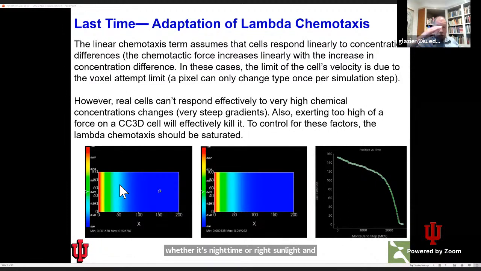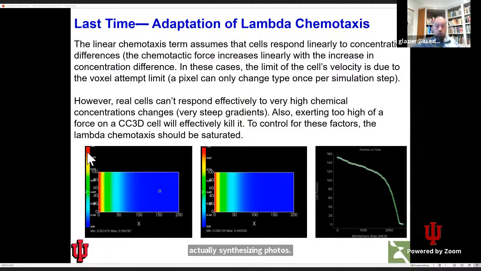Our eyes manage that by changing the amount of photoreceptor in the retinal cells. It's actually a very inefficient process. One of the reasons dark adaptation takes a long time is that you're actually synthesizing photoreceptor.